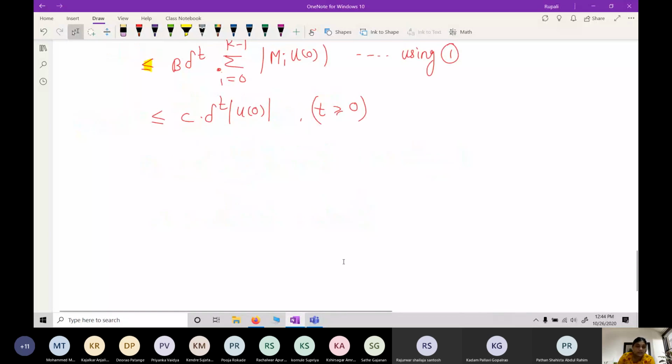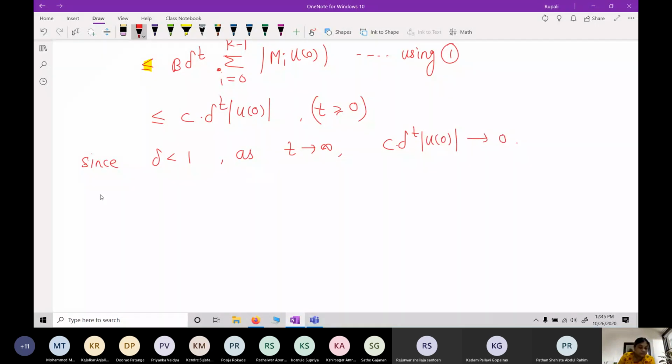So as delta is strictly less than 1, as t tends to infinity, c delta raised to t times the norm of u0 will tend to 0.